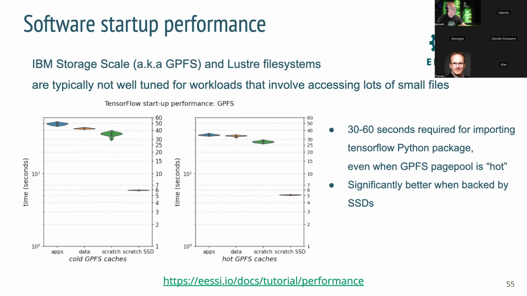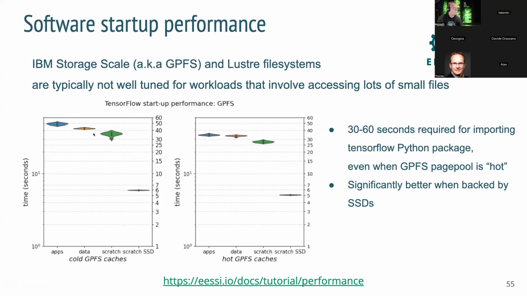But also, if we look at more capable parallel file systems like GPFS or Lustre, we'll see a lot bigger numbers. These are both taken from systems in Ghent, and I had to double check this with our storage experts in our team to make sure I wasn't doing anything funny here. We're seeing times to complete the import TensorFlow of half a minute up to even a minute to complete that silly workload.